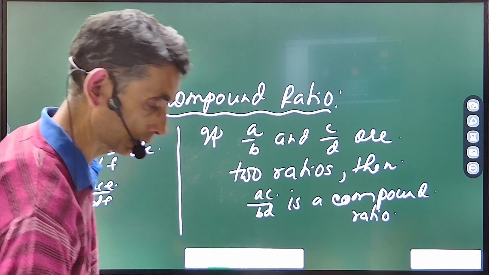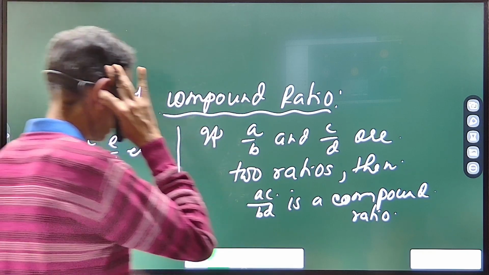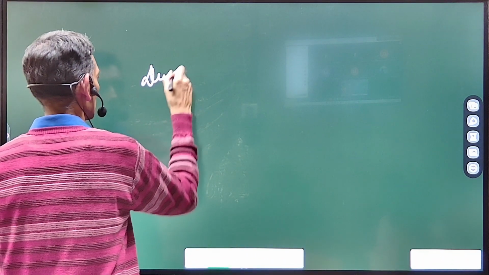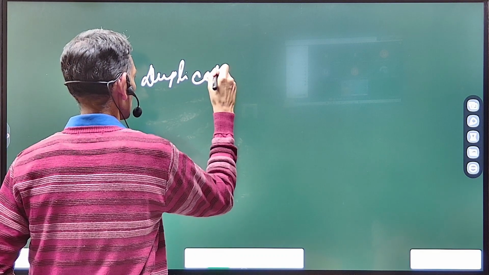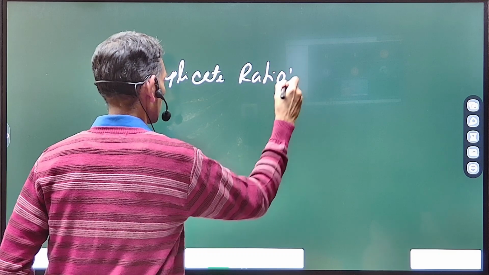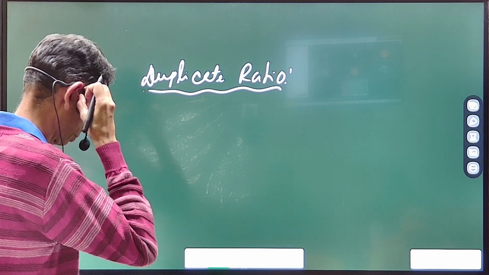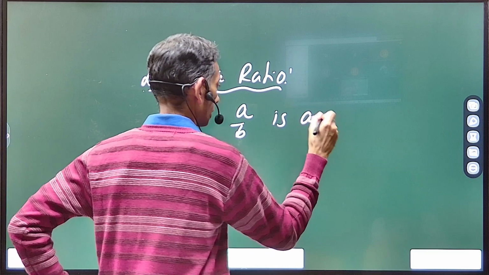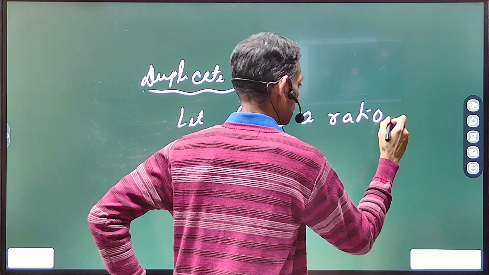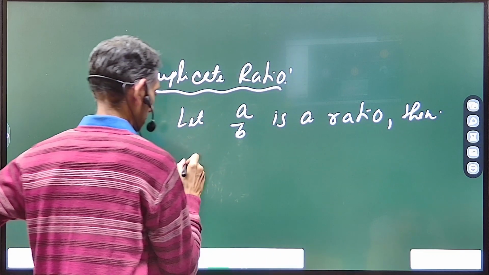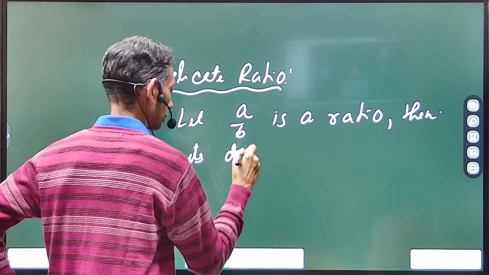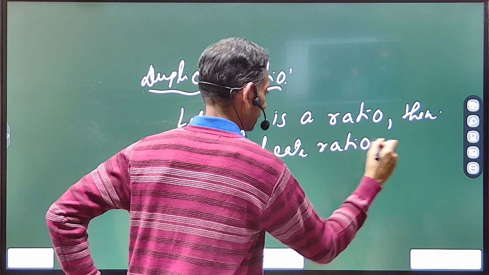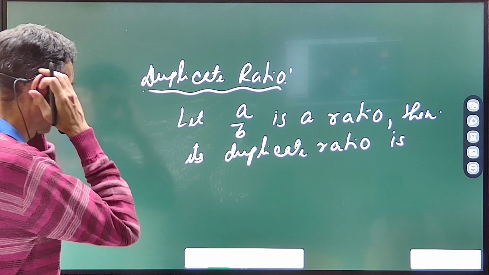Next is the duplicate ratio. Let A by B be a ratio, then its duplicate ratio is, what is a duplicate ratio?